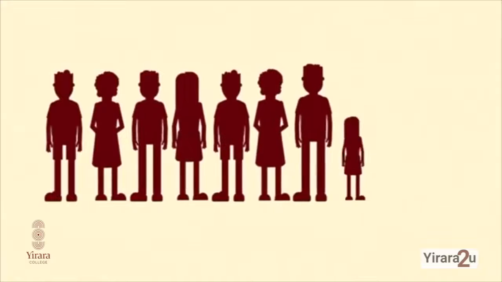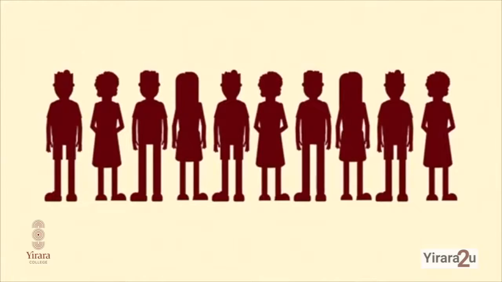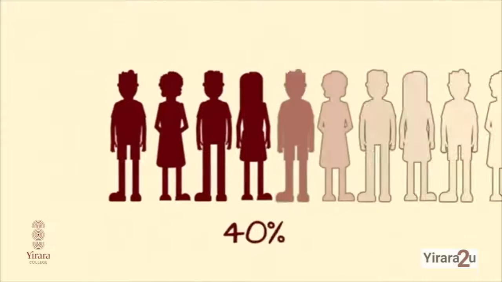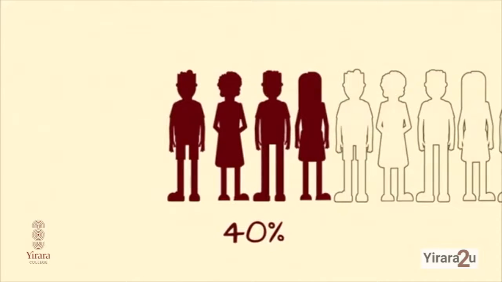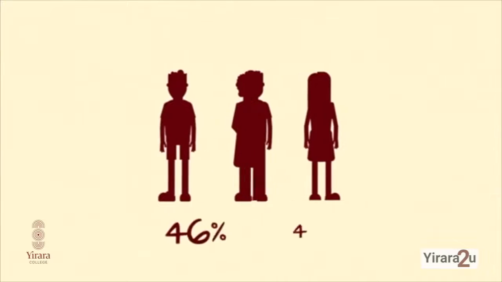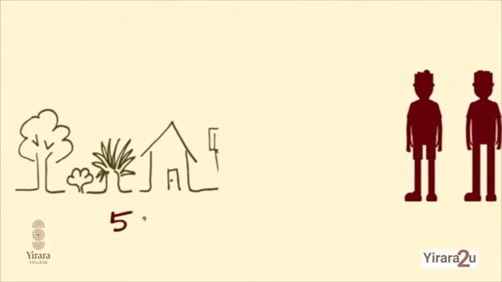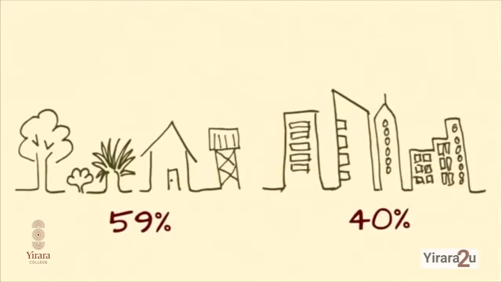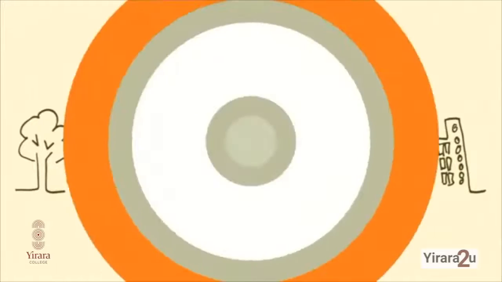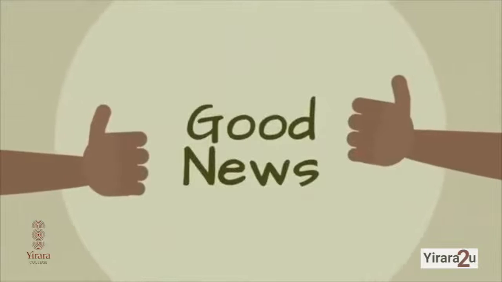Unfortunately, smoking is very common in the Aboriginal and Torres Strait Islander population. Currently, around 40% of adults smoke daily. The levels are similar for men and women, and they are higher in remote areas than in cities and regional areas. But there is a lot of good news.